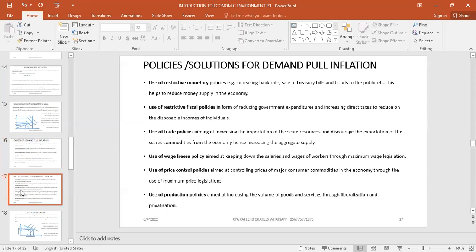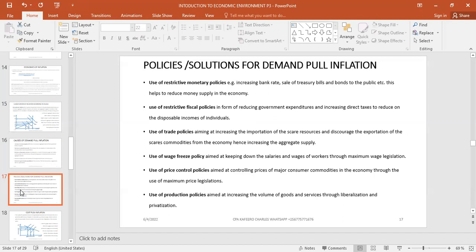So let's look at some of the solutions to demand pull inflation. One way we can control it is, if you look at the causes, then you look at some of the possible solutions to the causes.